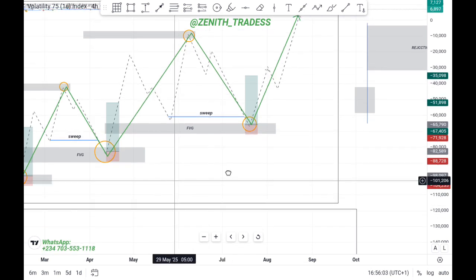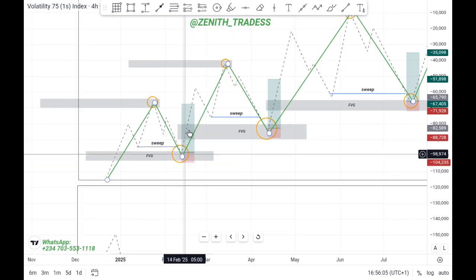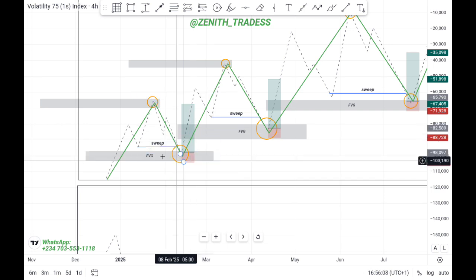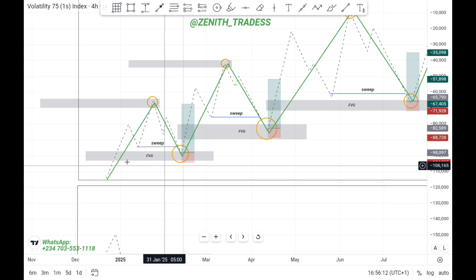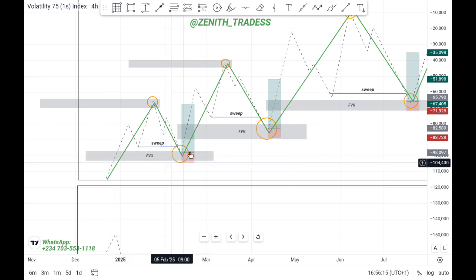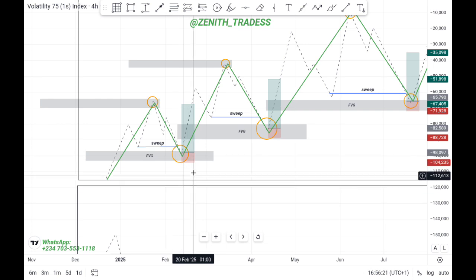When CRT gave you a confluence at this strong low, now the turtle soup candle has already closed inside. Other confirmations you're going to see is that the turtle soup candle must come from a 4H FVG. If the turtle soup candle did not come from a 4H FVG, that shows you that that circle is not high probability.